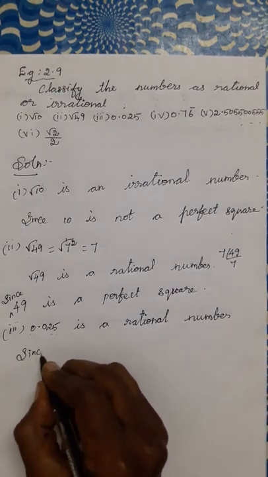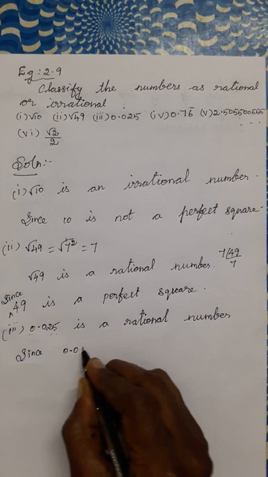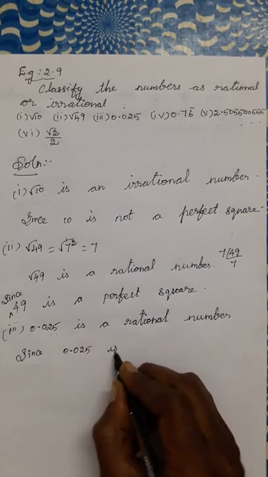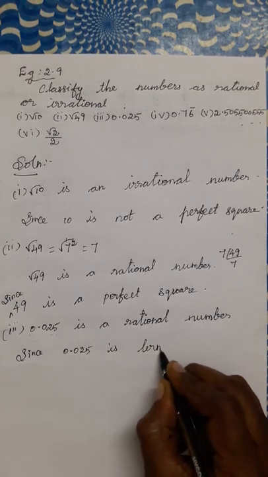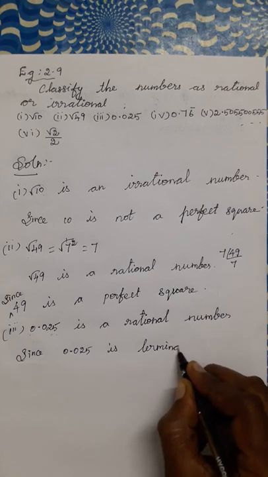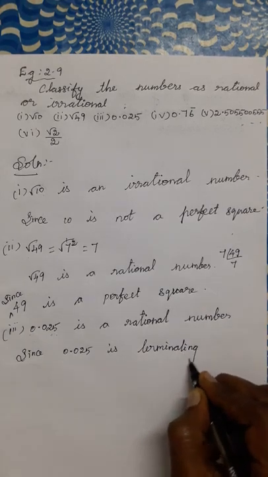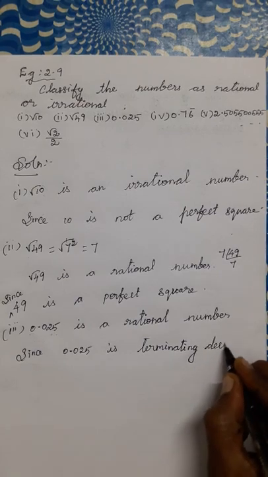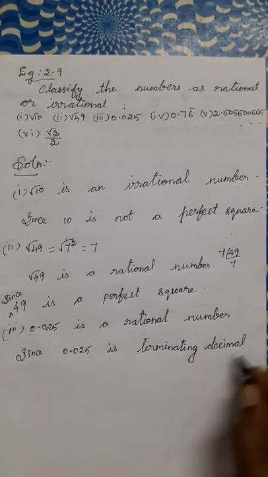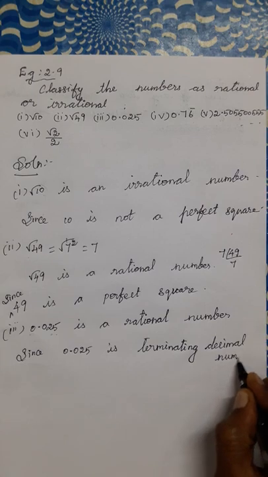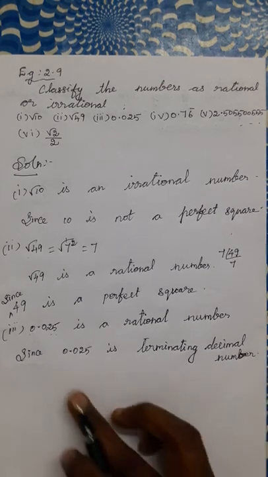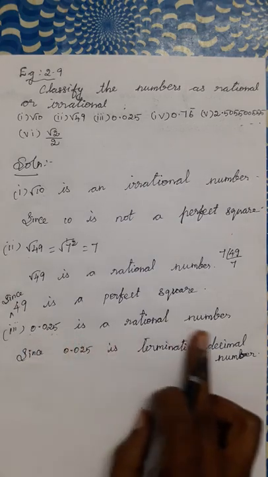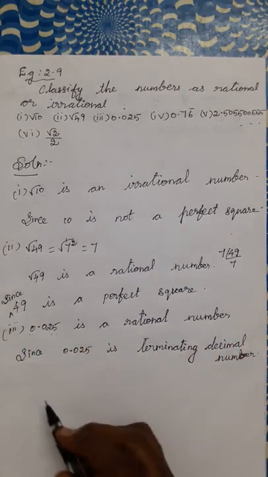Since 0.025 is a terminating decimal number, therefore 0.025 is a rational number.